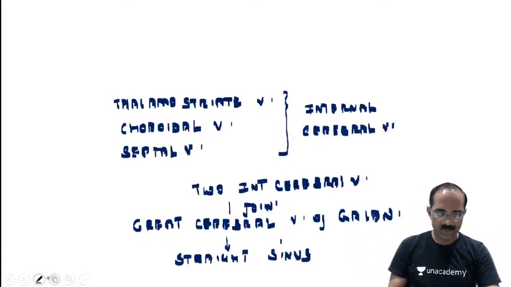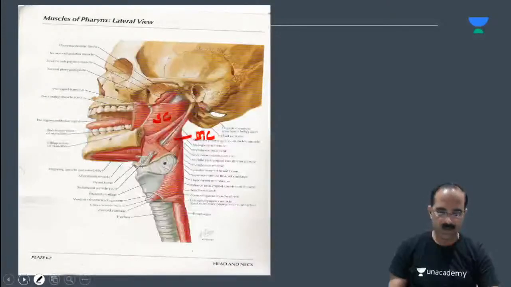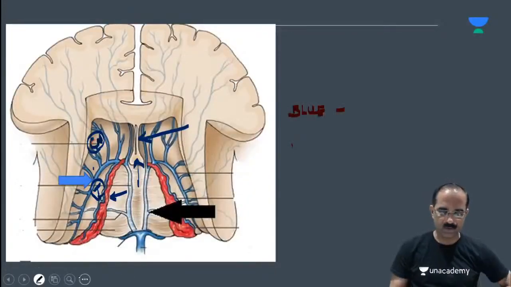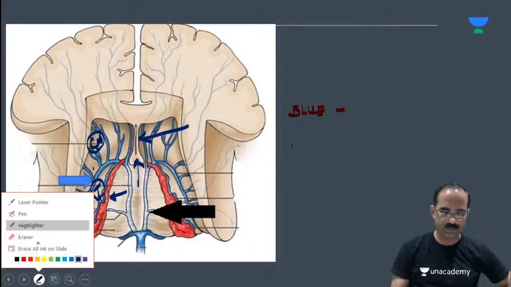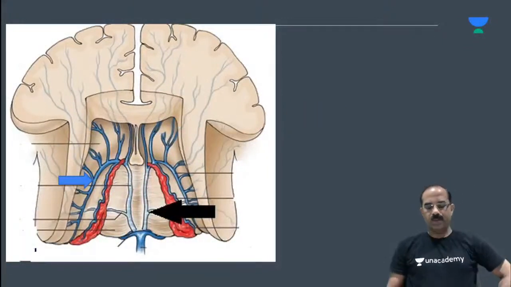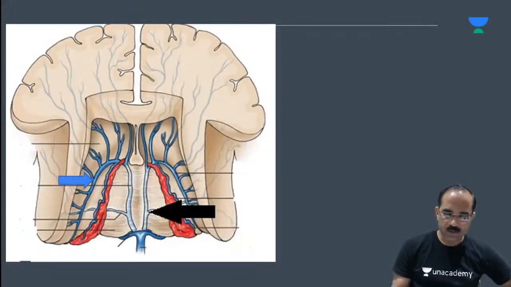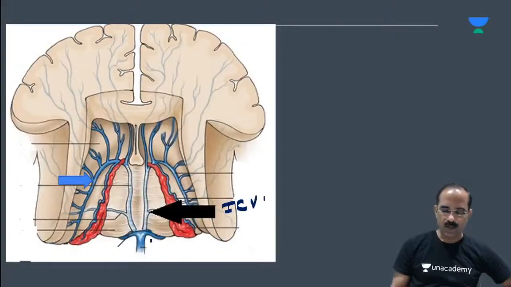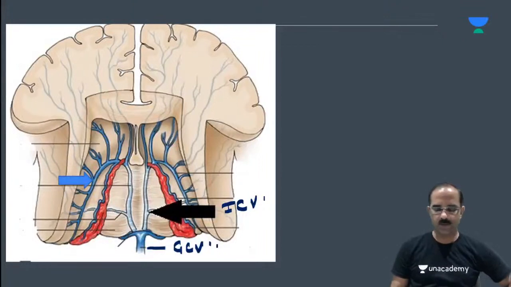Okay, fine. Have a look at this slide once again. This is a very important slide. Have a look. So look, what is this vein now? The one in black is the internal cerebral vein. And two internal cerebral veins join to form, what is this now? The great cerebral vein.